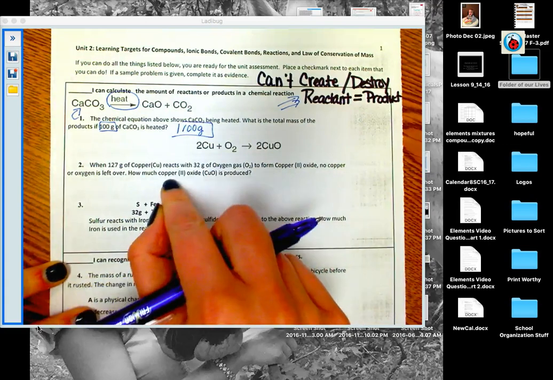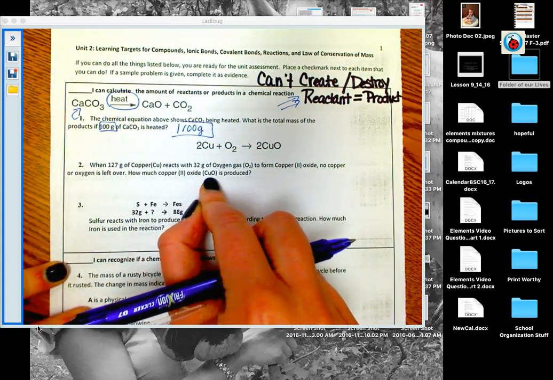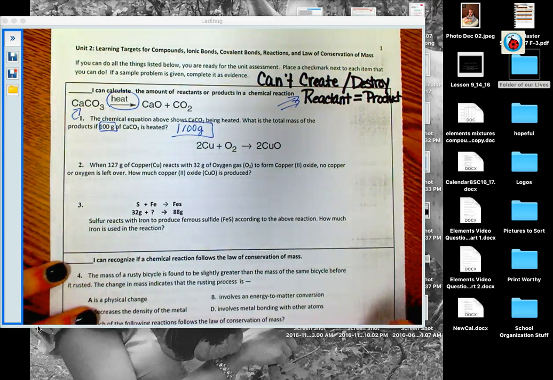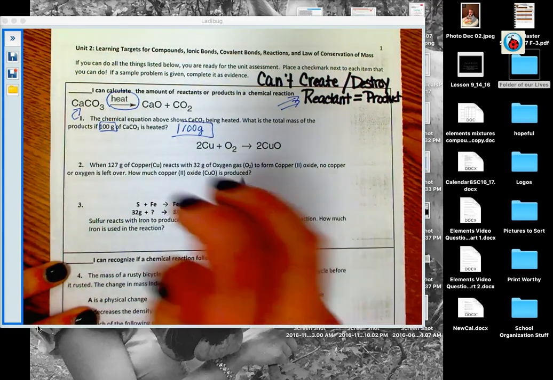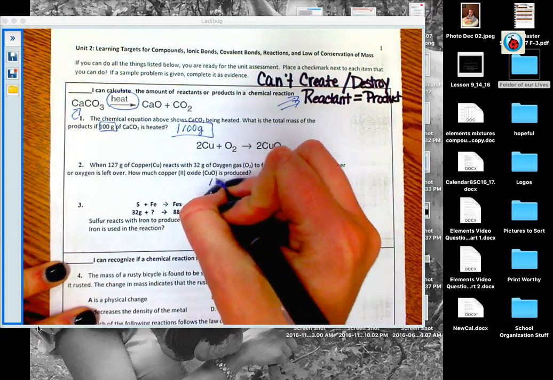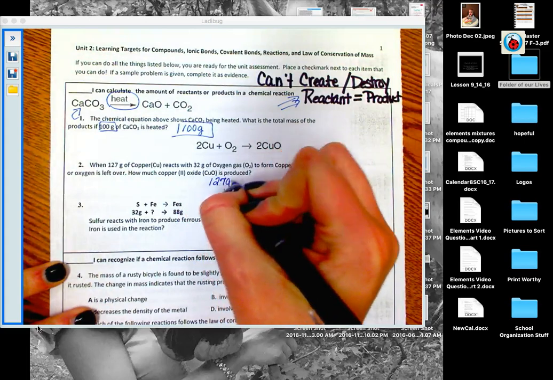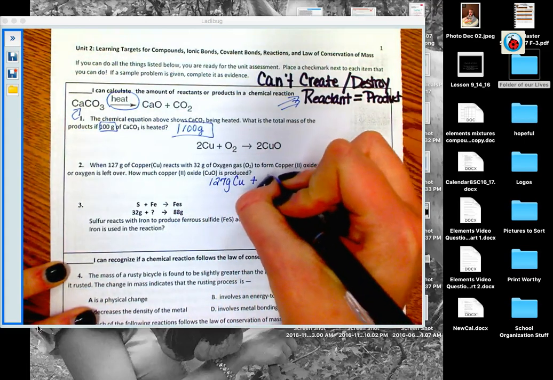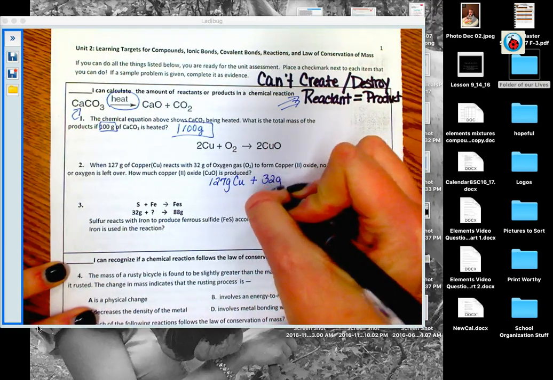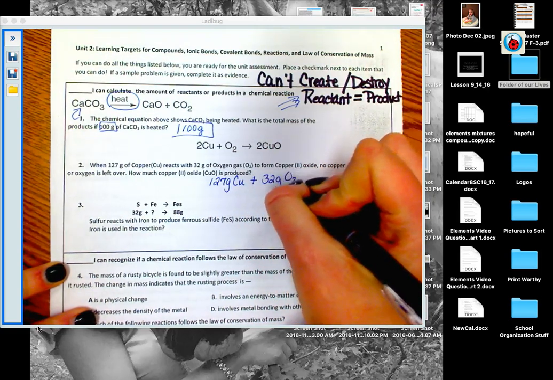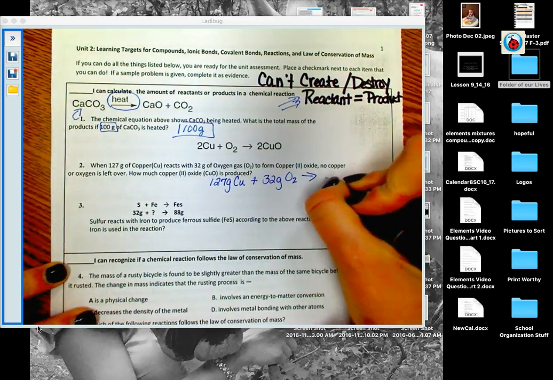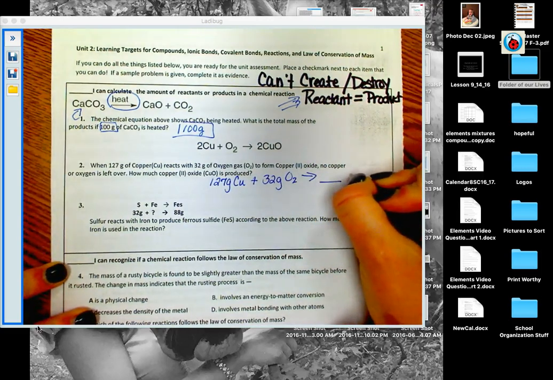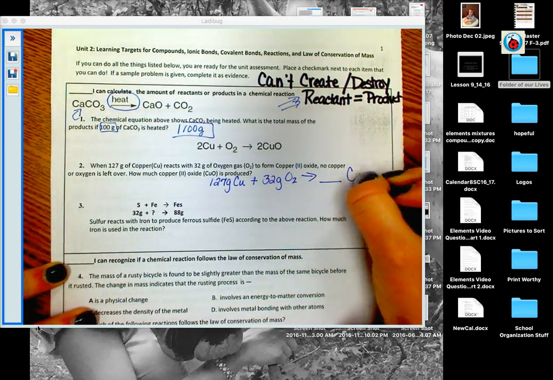What you're left with is a new substance, which is called copper 2 oxide. So what they want to know is how much is produced. Well, if you start out with 127 grams of copper, and then you add to that 32 grams of O2, you end up with blank amount of grams of CuO.